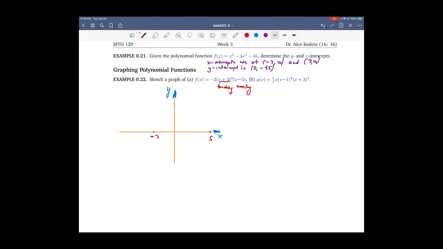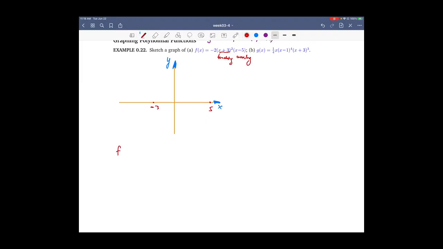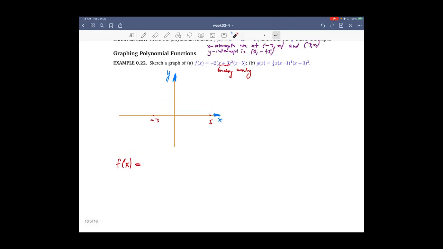Also, what about the end behavior? To understand the end behavior, we need to identify the leading term of f. Well, f will be a polynomial of degree 3. If you were to expand the parentheses, this would give you x squared times x, that is x cubed, times negative 2.